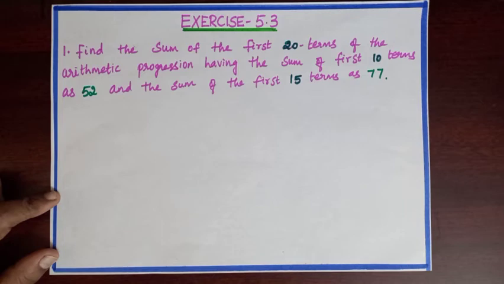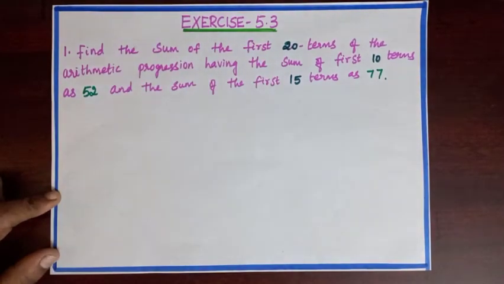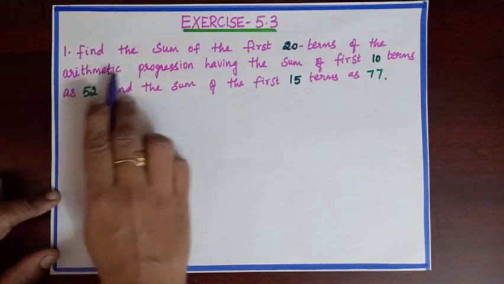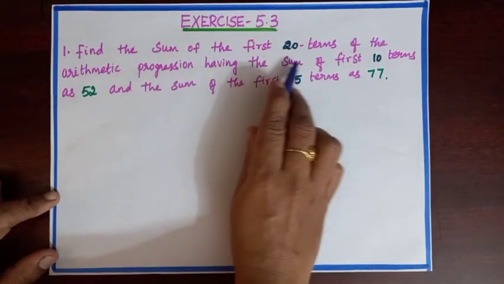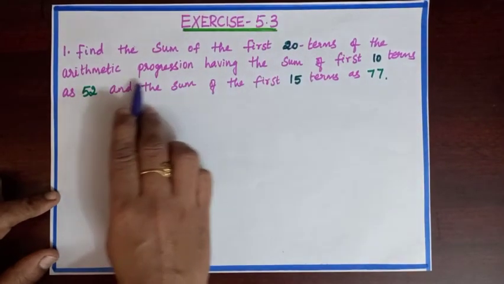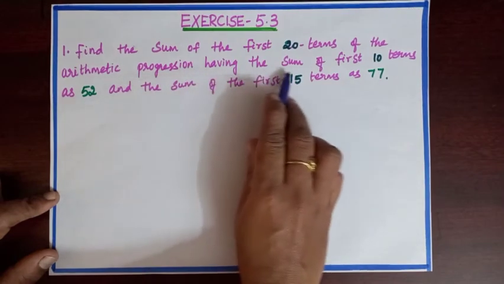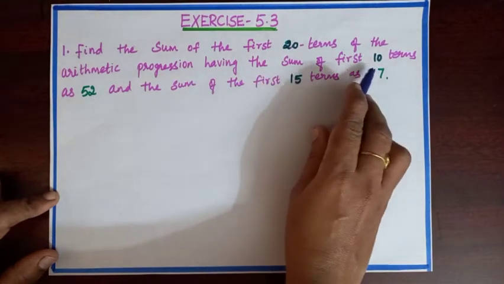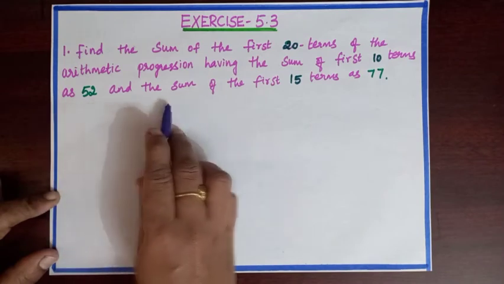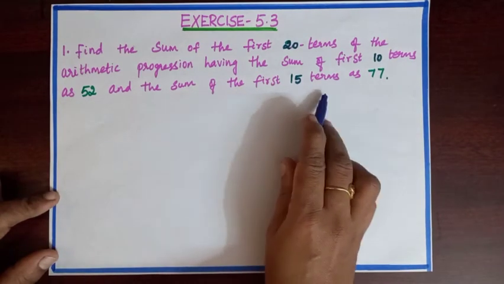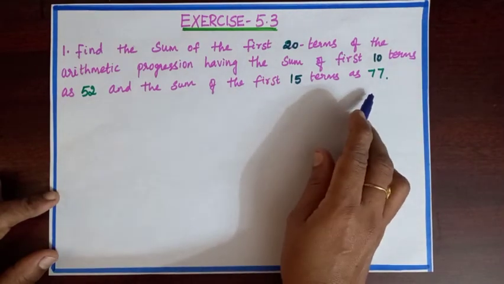Now let us discuss some exercise problems. Exercise 5.3, Question number 1. Find the sum of the first 20 terms of the arithmetic progression having the sum of the first 10 terms as 52 and the sum of the first 15 terms as 77.